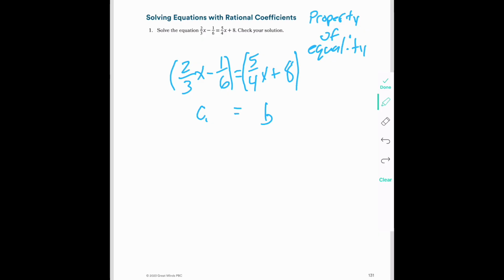If I multiply A times C and multiply B times C, once again the equation should still be equal.